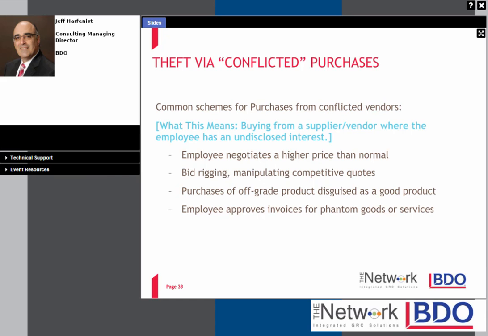Off-grade product disguised as full grade happens a lot in overseas markets, particularly in Asia. And then, of course, what we're most familiar with is the phantom vendor, where a vendor is submitting invoices for goods or services that the company is not receiving. And for purposes of the example that we're going to go through, we're going to focus on this phantom vendor.